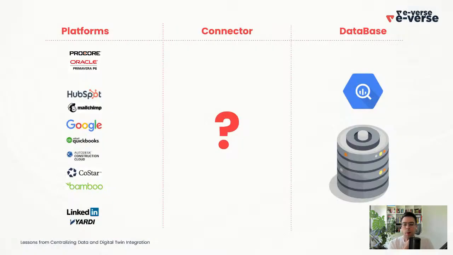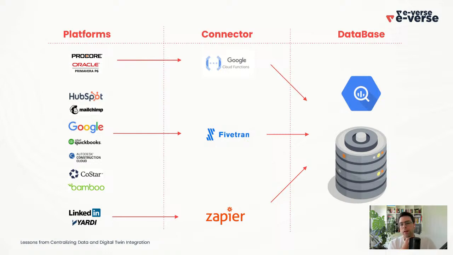And then the problem was how on earth we were going to connect all the sources you might have in your project in the future with a database, in our case, BigQuery. So we decided to use different strategies. We used Fivetran and Zapier, which are online services that do this automatically for you.